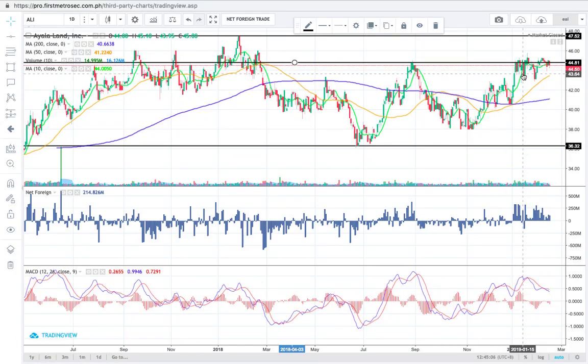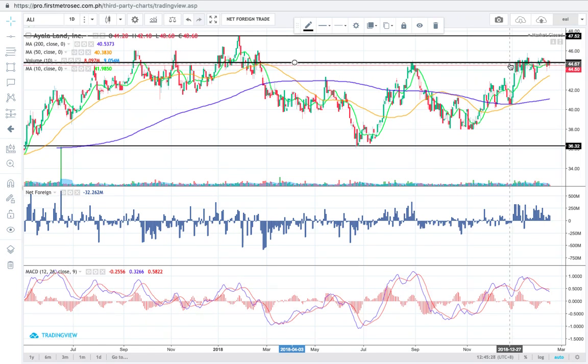So it seems that this 44.8 level is still being perceived as an expensive price for the Ayala Land Incorporated traders. It seems that they treat this as a profit-taking level.